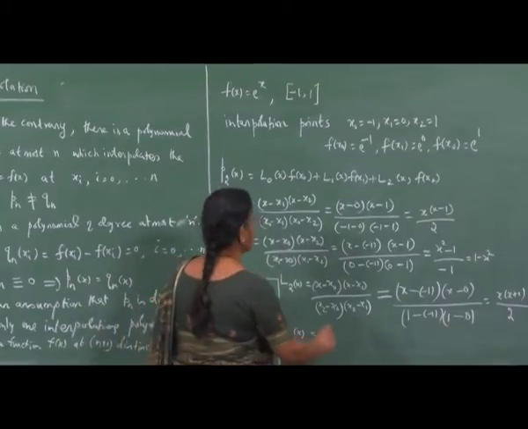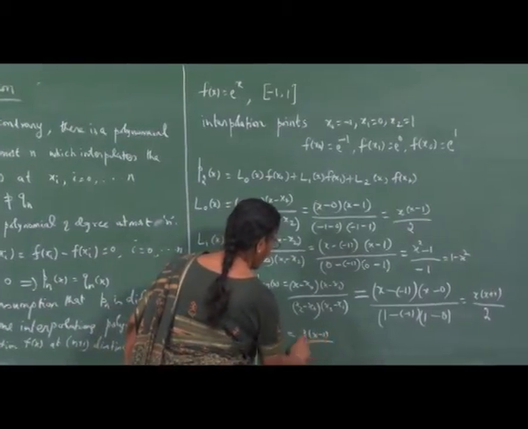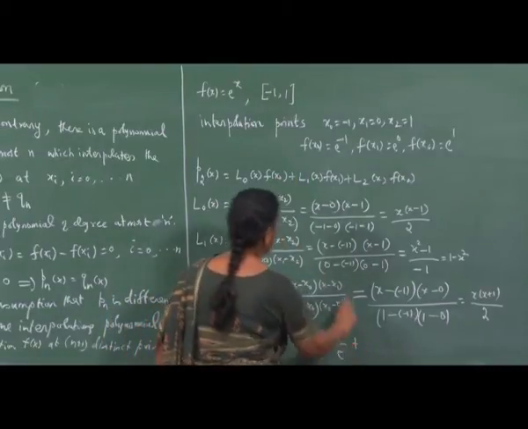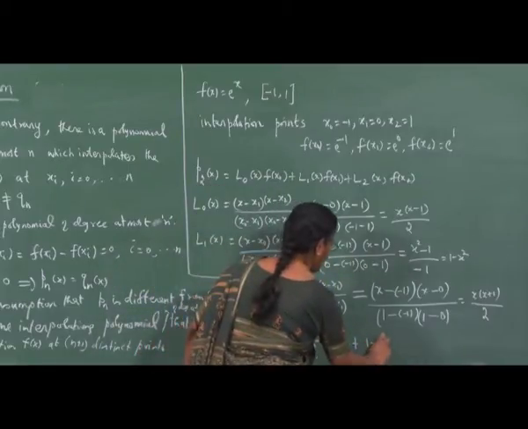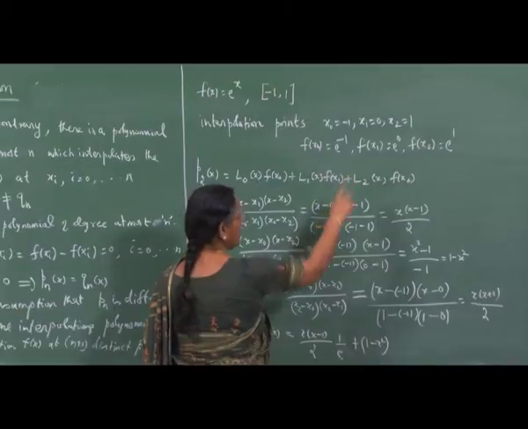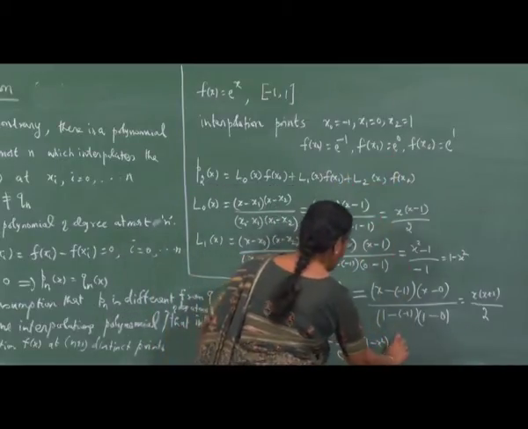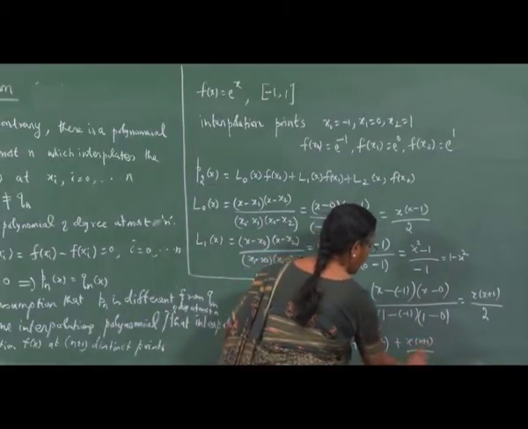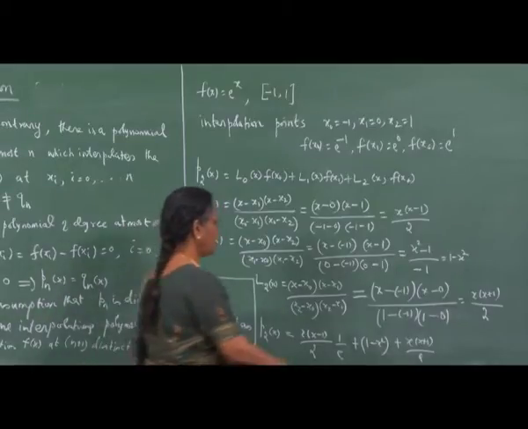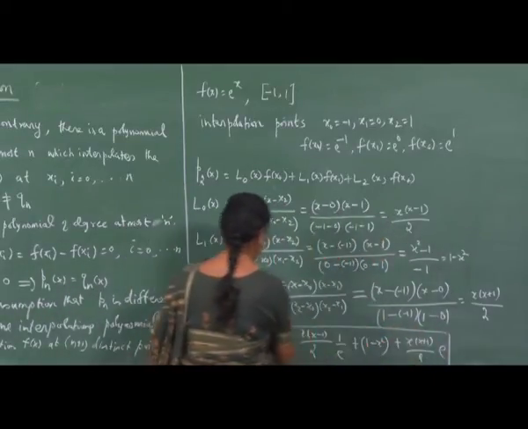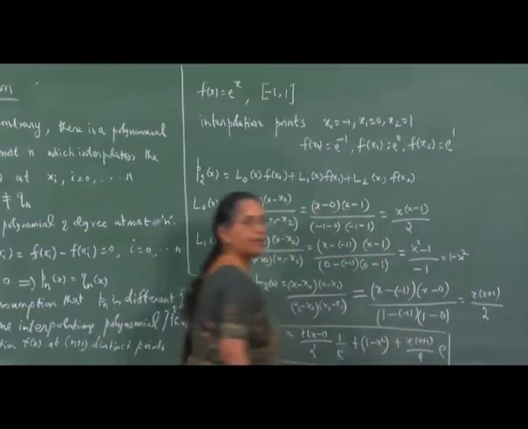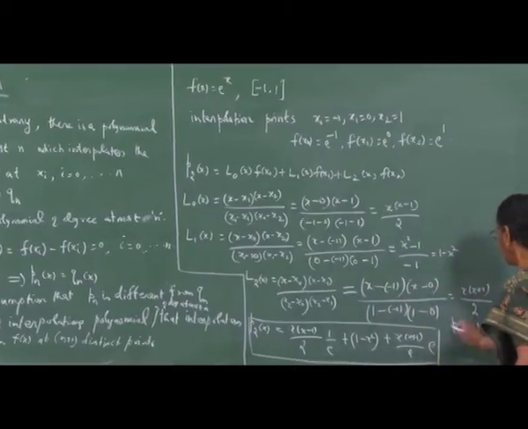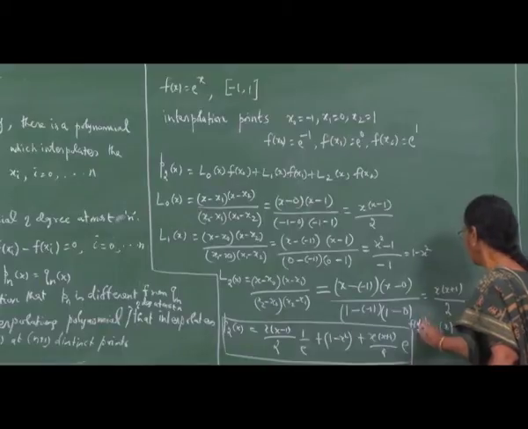P2 of x will be x into x minus 1 by 2 into f of x naught, which is 1 by e, plus L1 of x, 1 minus x square, into f of x1, which is e power 0, then plus L2 of x, which is x into x plus 1 divided by 2, into f of x2, which is e. So, this is the required quadratic interpolating polynomial such that P2 of x approximates the function f of x.